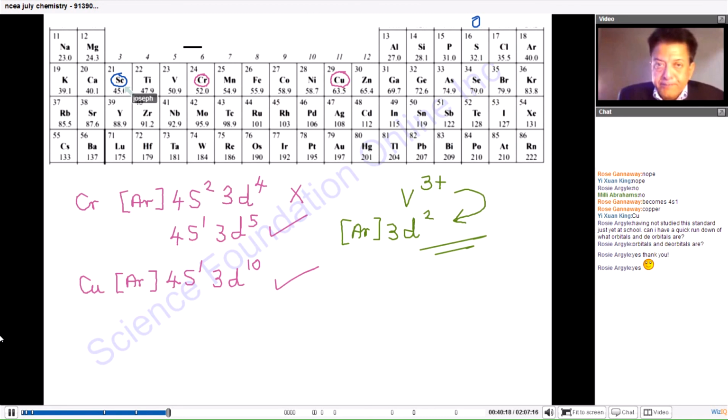Also, with scandium, there are more filled electron shells between the outer shell and the nucleus.